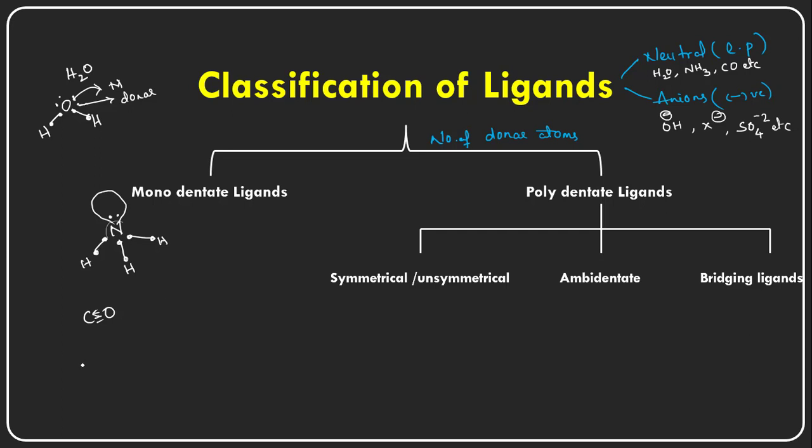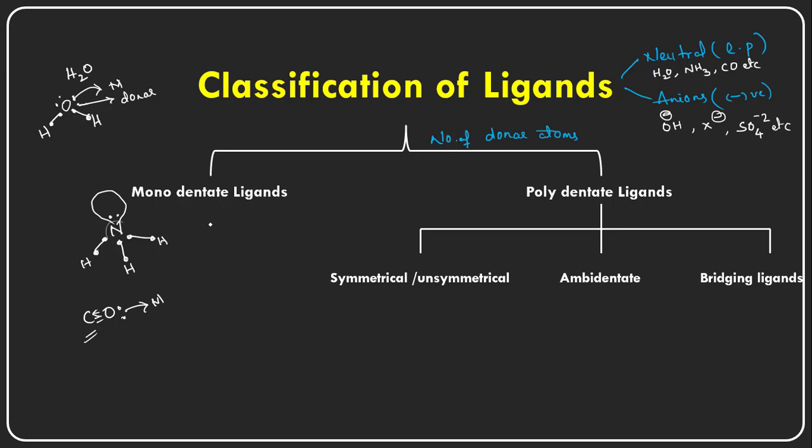Here the atom that has a pair of electrons is the donor atom to the central metal cation, which can donate the pair of electrons, and so in any molecule we take, if only one donor atom is donating the pair of electrons to the central metal ion, it is a monodentate ligand.